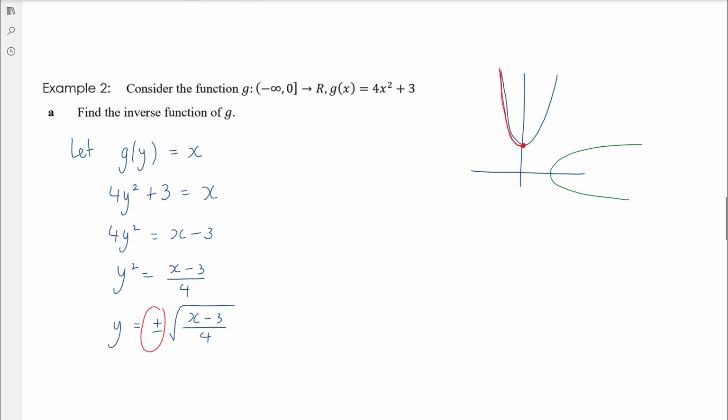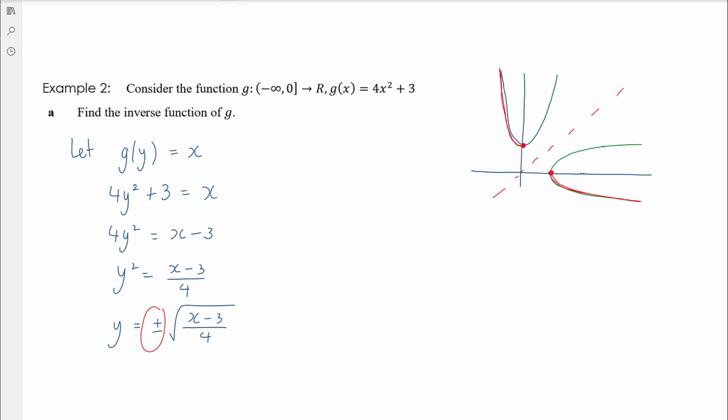But we didn't start with the whole parabola, we only started with the left-hand side of it. When we reflect that red section in the line y equals x, we get the bottom half of the parabola. So if you start with the left-hand side of the parabola, its mirror image will be the bottom half, so the negative square root.